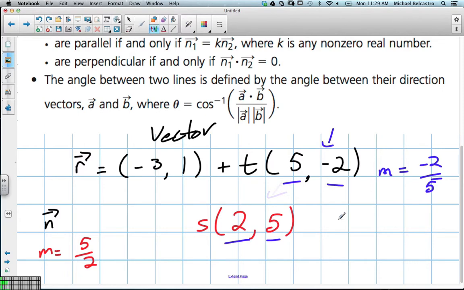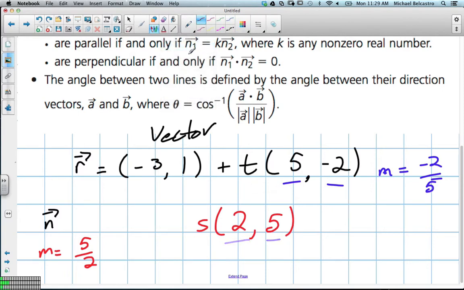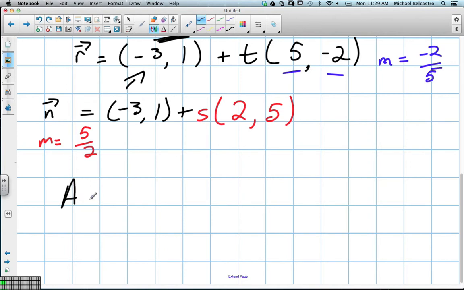Okay. Now that's of the normal, and we don't know what point it technically wants us to go through. So if we want it to be normal to the original vector, we'll just use this coordinate as the other part of the normal, because we know that this normal will go through that point and is perpendicular to our original vector. Now this will help us with our Cartesian form. Remember, the Cartesian form is written as ax + by + c = 0.